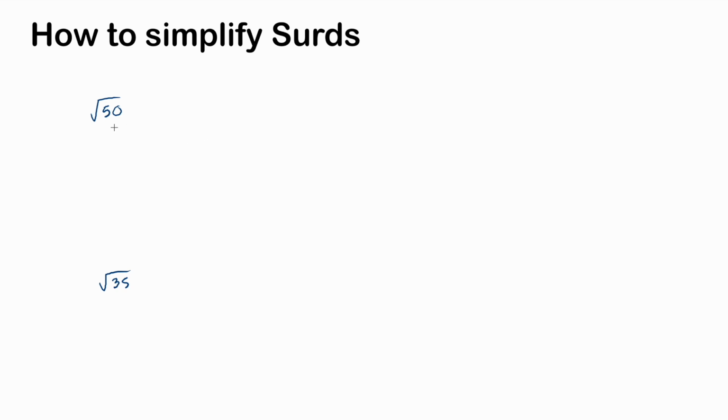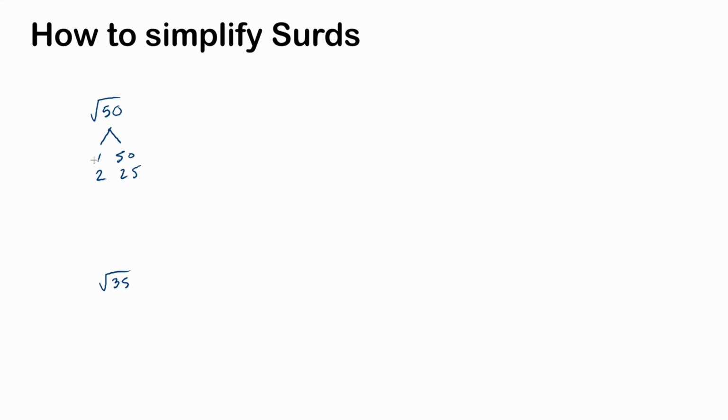Let's simplify the square root of 50. Really, we're looking for factors of 50, but in those factors, we are looking for a square number. Now, I'm going to stop there because straight away I can recognize that 25 is a square number. I could carry on and get 5 and 10, but there's no point in me putting the 5 and 10 because already I've got myself a square number. That's what I'm looking for.